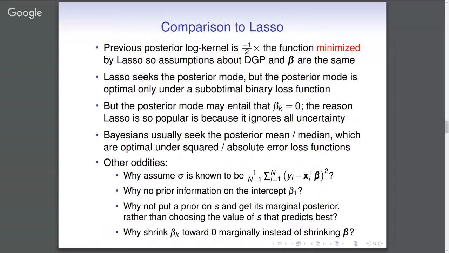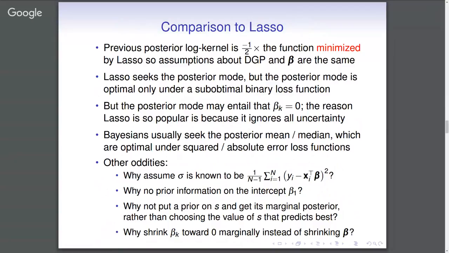So the assumptions about the data generating process with this posterior distribution are the same as the assumptions that the lasso procedure is estimating. However, lasso traditionally is an optimization approach, which is to say they're going to find the mode of this posterior distribution.